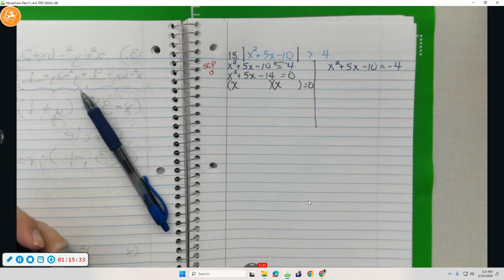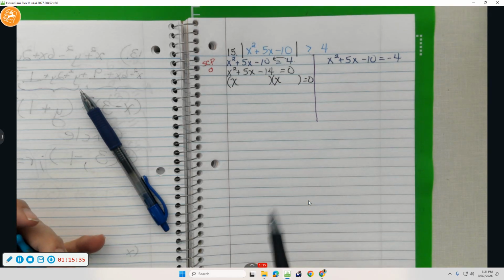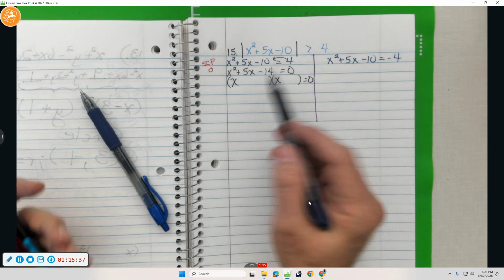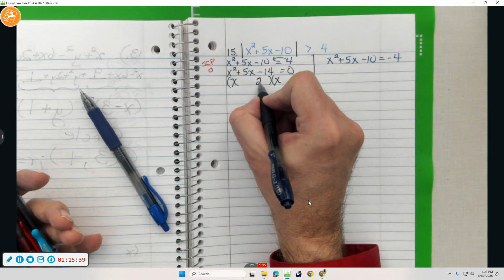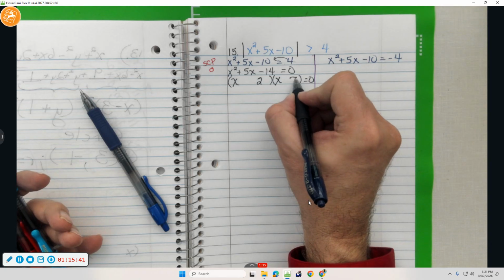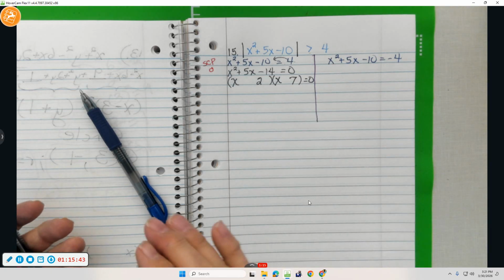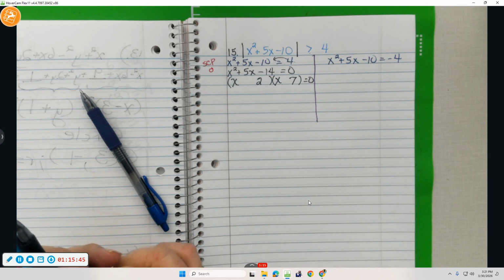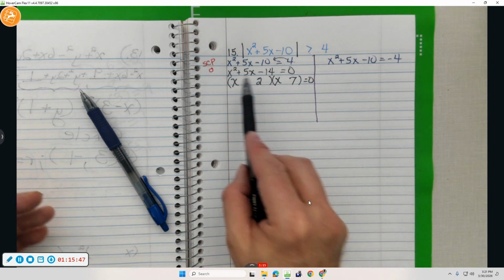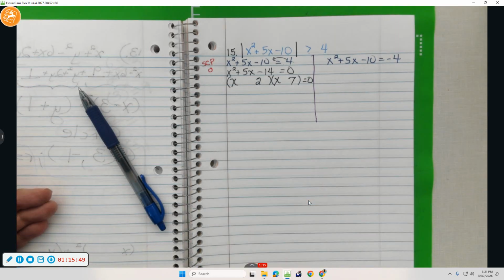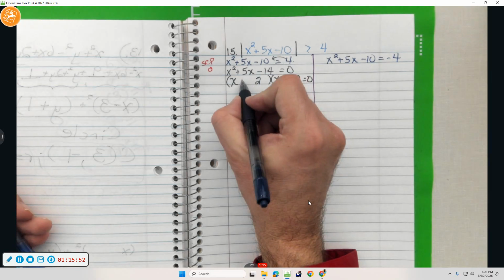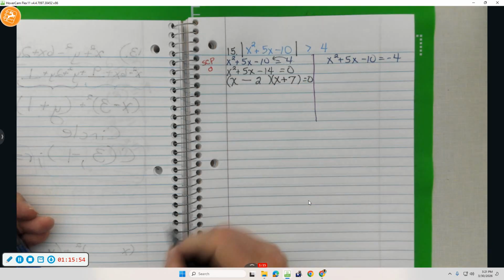Are those the only possibilities? 2 times 7. Now, I need a negative 14, so it's going to have to be a positive and a minus. How do I put the signs in order to get a positive 5? Negative 2 and positive 7.